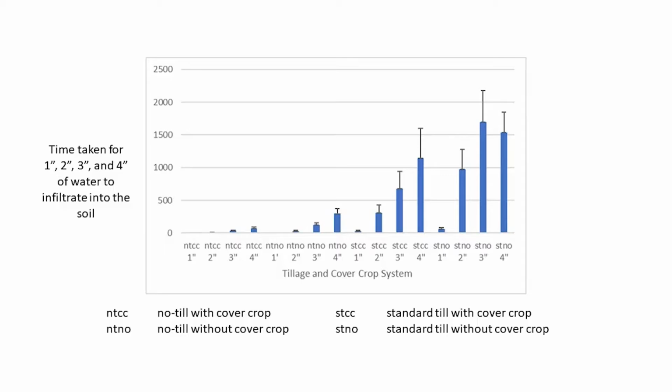Increased soil aggregation was correlated with increased soil water infiltration. Shown here is the time that it takes for 1, 2, 3, and 4 inches of water to infiltrate into the soil. Water infiltrates into the no-tillage cover crop soil far faster than into the standard tillage with no cover crop system.